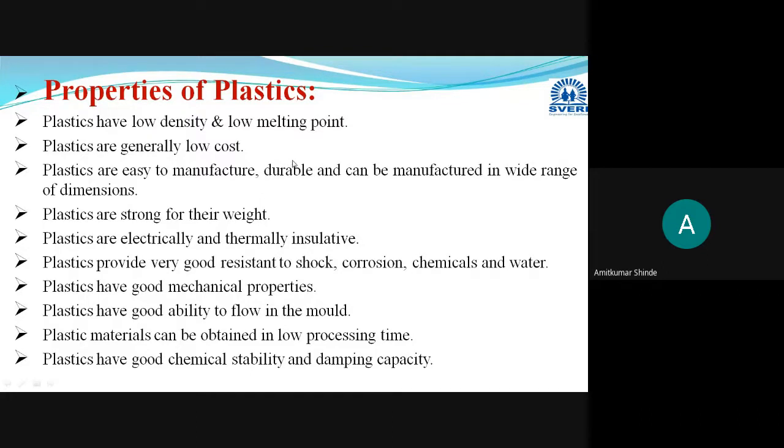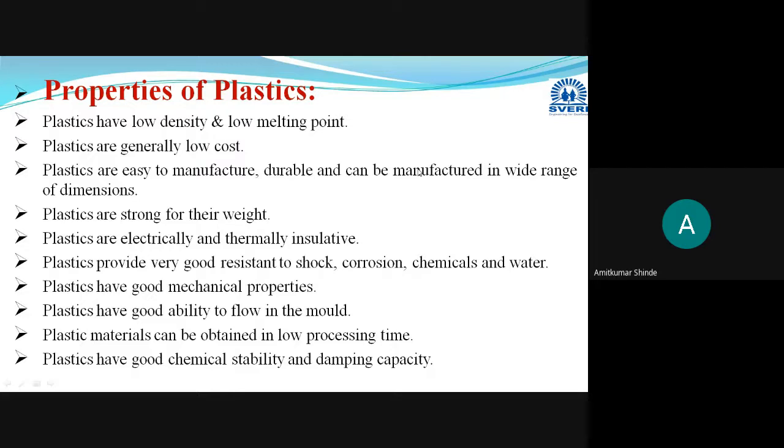Whichever component is manufactured with the help of plastic material has a very long life. The manufacturing process is very simple. You can manufacture the components in variety, meaning you can give any desired shape and size.